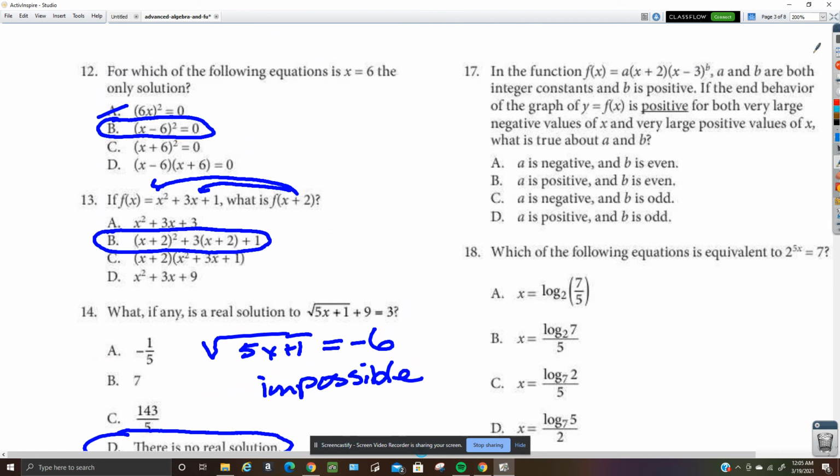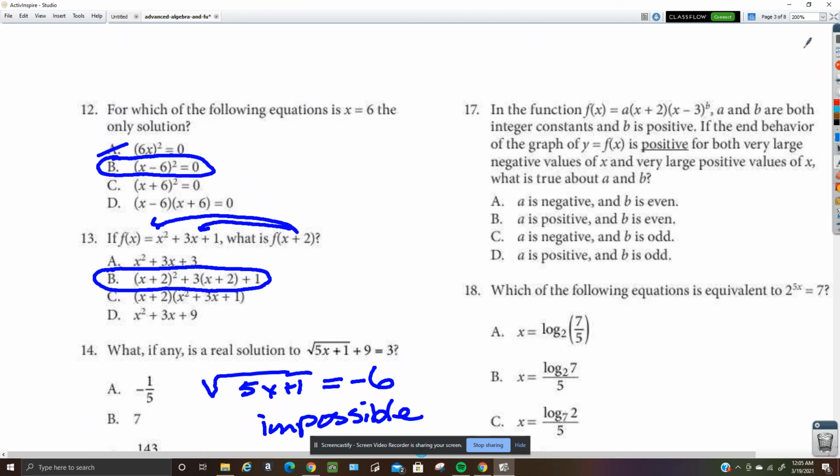And then up here, so here I have x to the first, and I want both ends of the graph positive for both ends of the graph. So in other words, I want both ends of this graph to go up. So that means that A has to be positive.